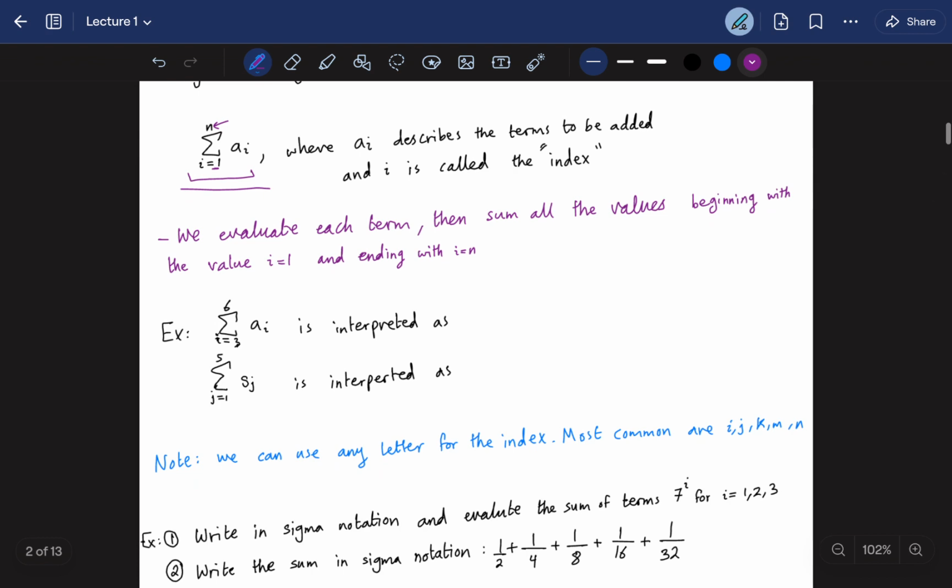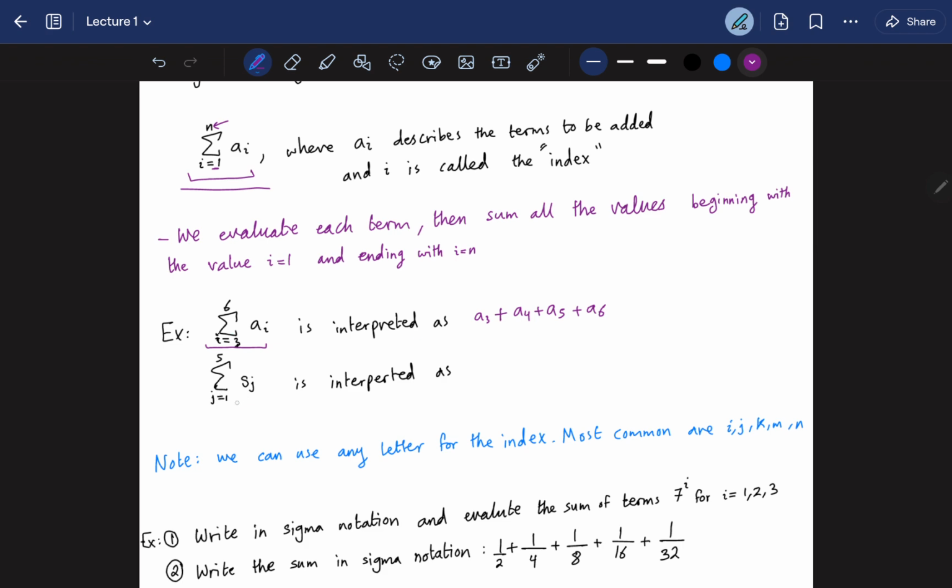So for example, if I have the summation where i begins from 3 up to 6 for certain terms a_i, this is interpreted as a_3 plus a_4 plus a_5 plus a_6. So I'm evaluating each term for a certain value i, and then I'm adding all terms up.